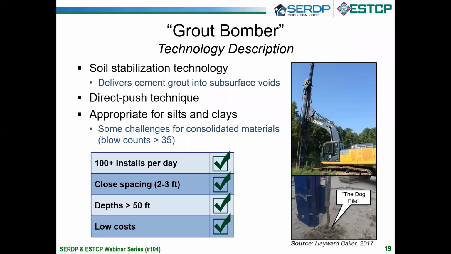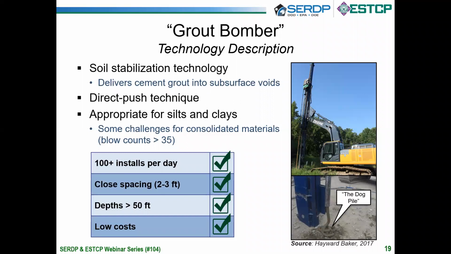The specialized machinery involves a mandrel, which is a cylindrical rod that is pushed to depth, and it pumps high viscosity grout into the surrounding voids as that mandrel is raised from depth to the surface. And the benefit here is that you can get hundreds of these grout columns being installed per day with spacings as close as 2 feet.